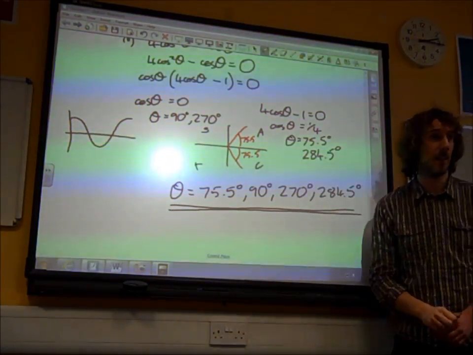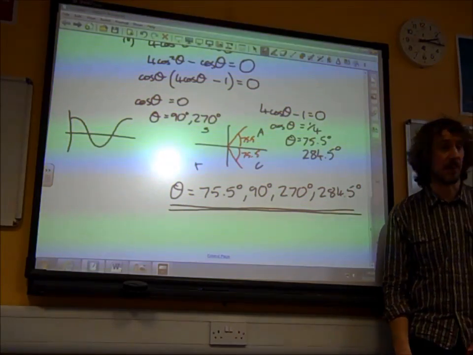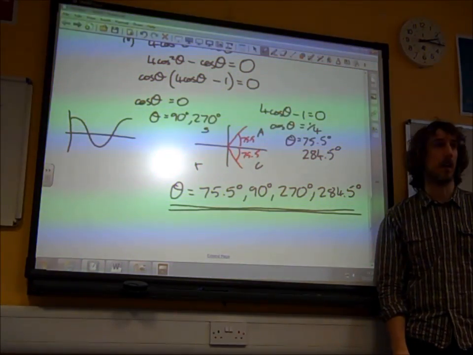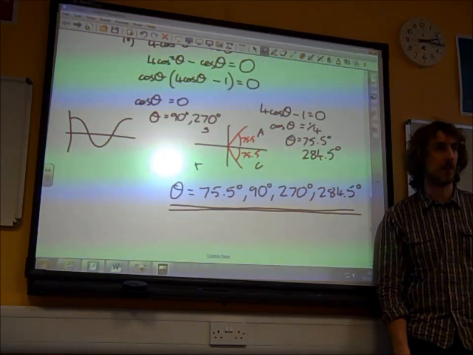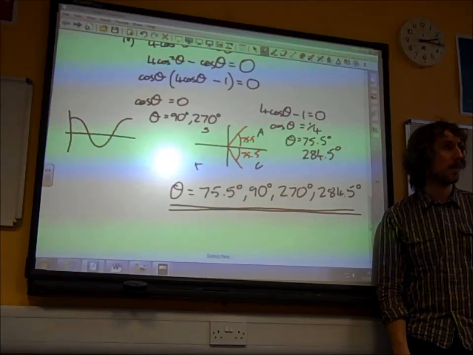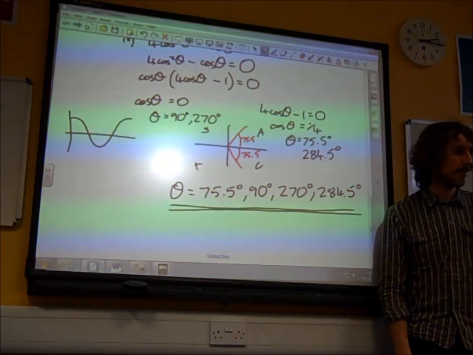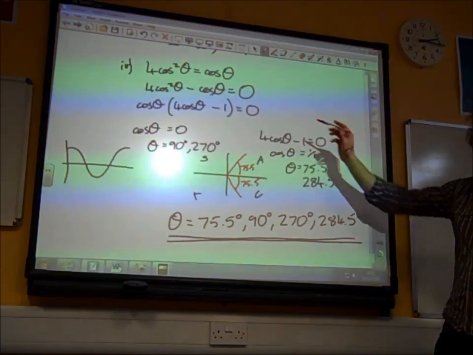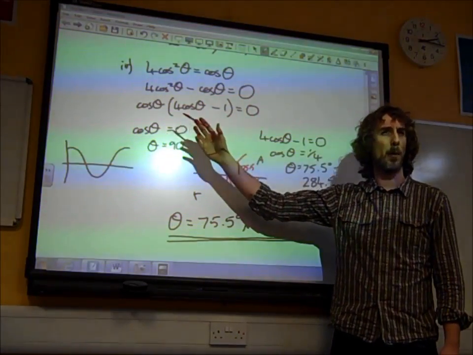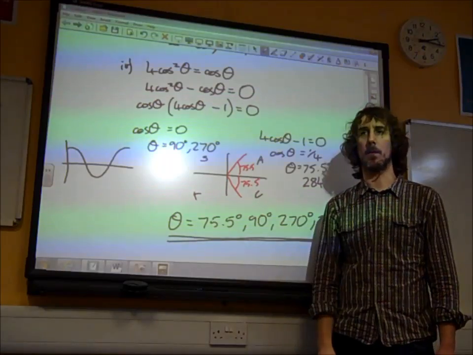Is anybody willing to suggest why we can't just divide by cos theta at the start of this equation? Why we can't just divide by x at the start of the quadratic? Ben? That's it. We mustn't divide by something that could possibly be equal to 0.